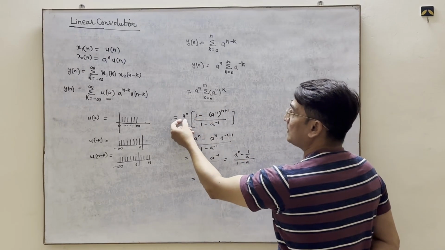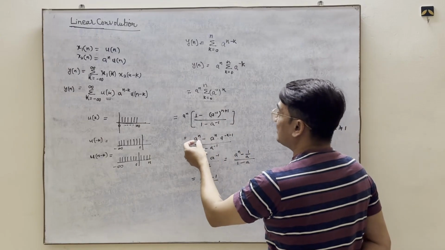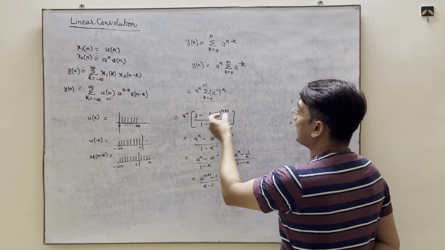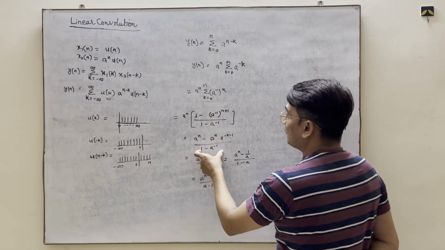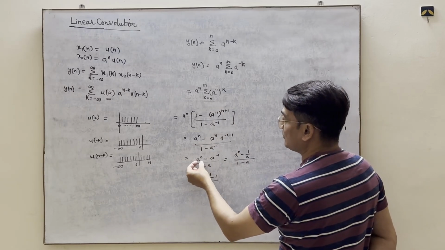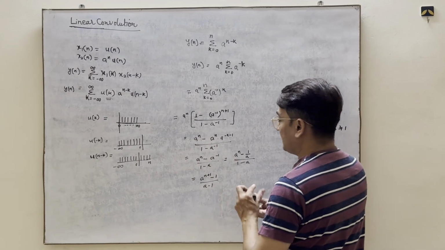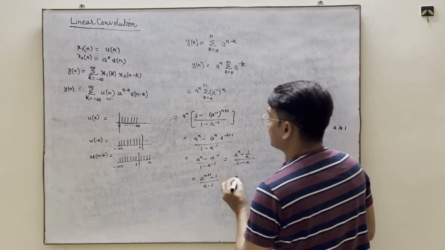So now a to the power n will be multiplied with this, so it will become a to the power n into a to the power minus n minus 1 upon 1 minus a inverse, which is a to the power n minus a to the power minus 1 upon 1 minus a inverse.